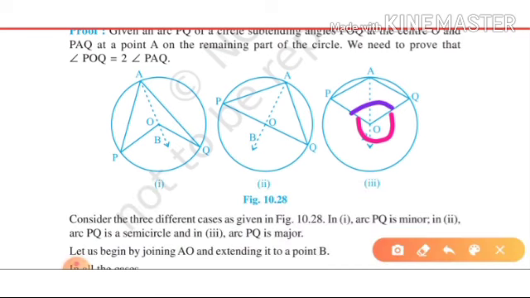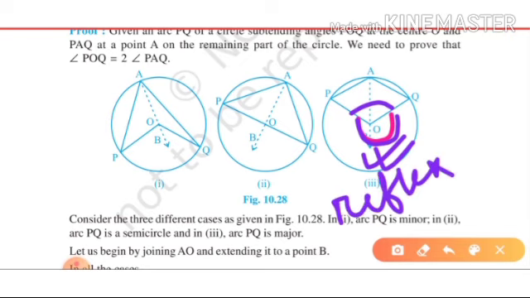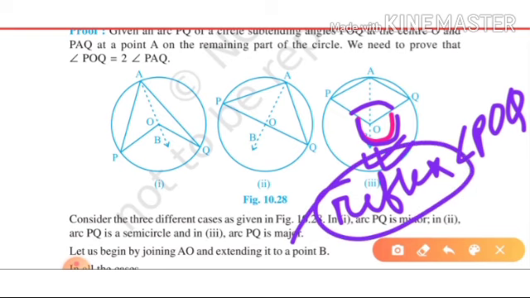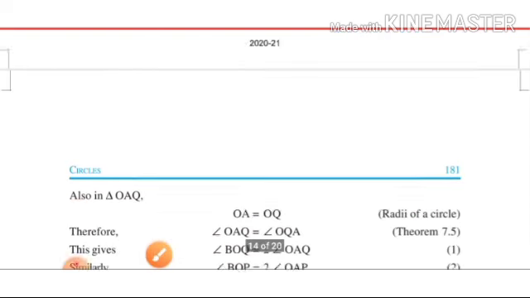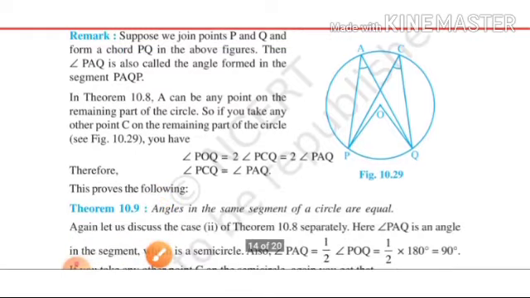So in order to not get confused, we have to include the word reflex angle, reflex angle POQ, if it is greater than 180. Okay, so this way we can prove the theorem.